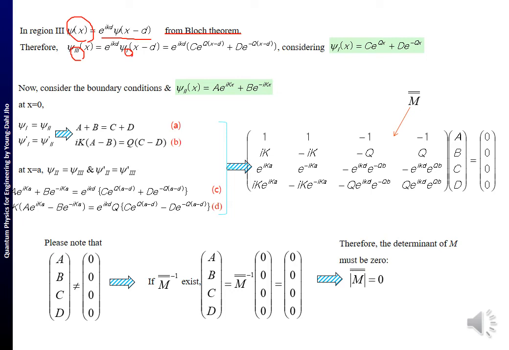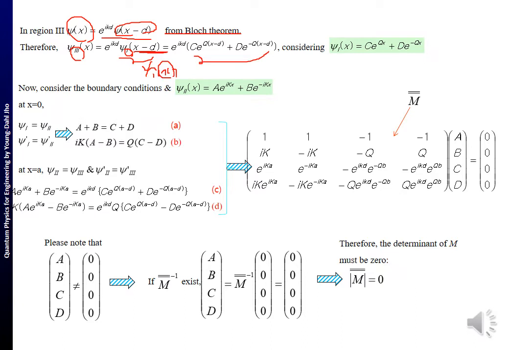Because it is now shifted by d, here instead of x, we put x minus d, since we know psi 1 x. So we have this in region 3.